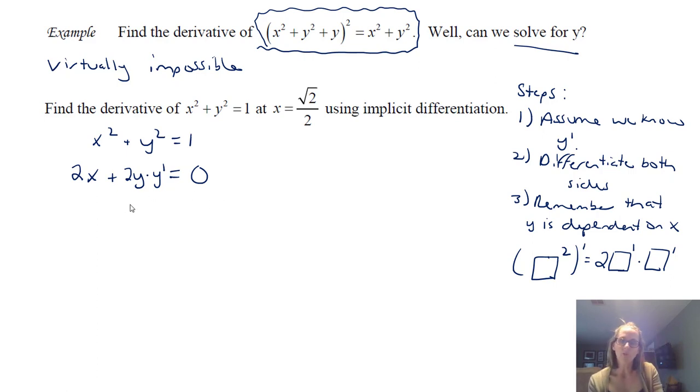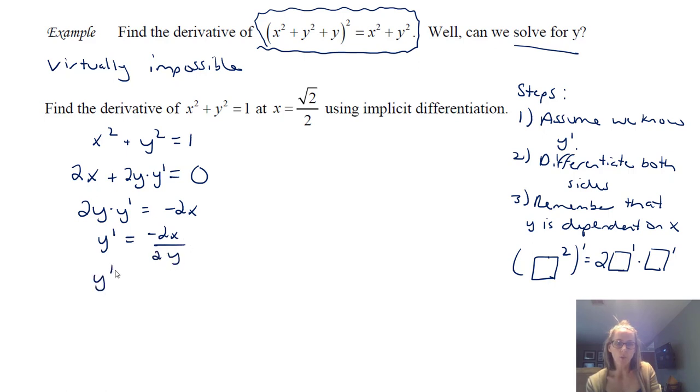So in order to now find the derivative of this, we would solve it for y prime. 2y times y prime equals negative 2x. We have y prime equals negative 2x over 2y. And so we know that y prime equals negative x over y.